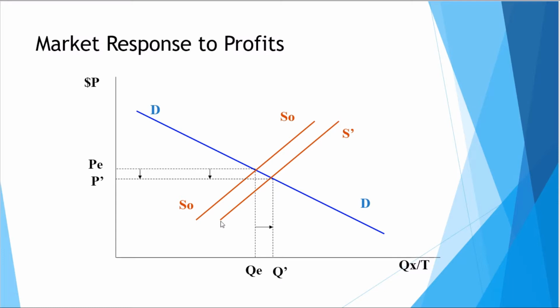Which is why the supply of this product is now shifted, and now they're able to make more. So as a result, the quantity that is being sold in this industry has now gone up, and as a result, the profit that was being generated because of this has gone down.